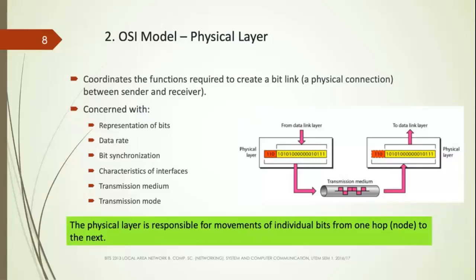All right. And then why is it concerned with representation of bits? It is 0 and 1, isn't it? What is the meaning of representation of bits? Data rate, bit synchronization. So what does it mean by representation of bits?